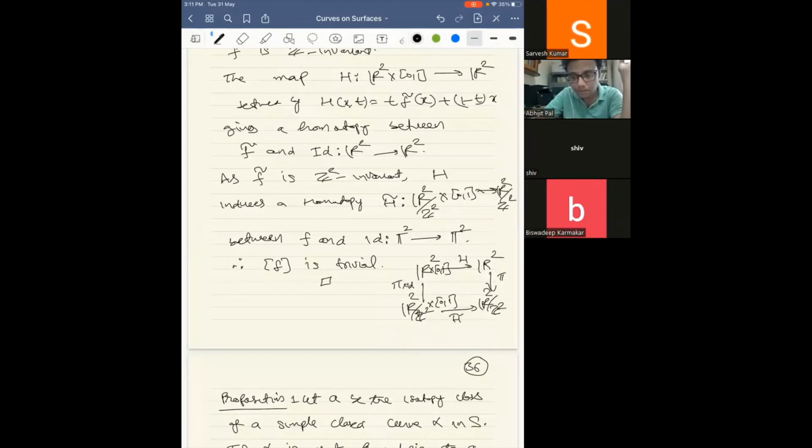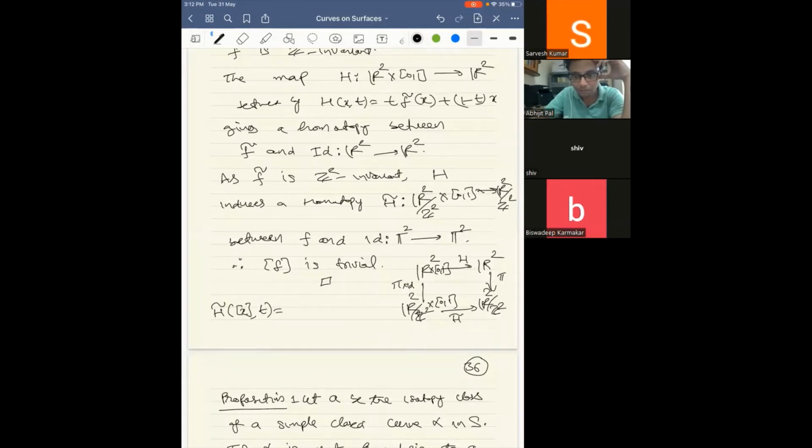Let us write it. What is H tilde of, say, the equivalence class of X and T? What will be the definition?